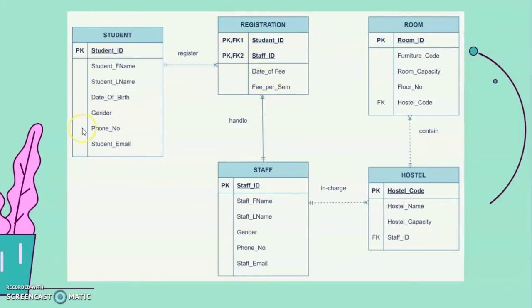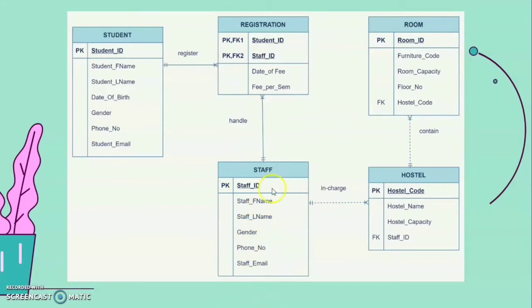So the connectivity between student and registration is one to many, because each student can register many registrations, but each registration can only be registered by one student. The connectivity between staff and registration is also one to many, because a staff can handle many registrations, but each registration can only be handled by one staff.